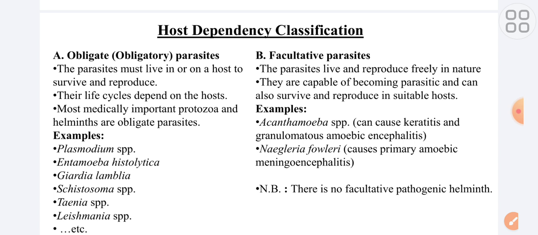Example: Acanthamoeba species, which can cause keratitis. It is a type of amoeba, and Naegleria fowleri also. But I'd like to mention here that there are no facultative pathogenic helminths.